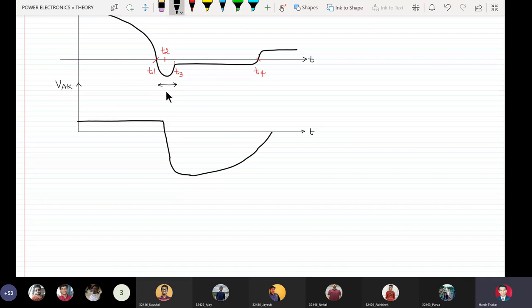From T1 to T3 it is called the reverse recovery time, and from T3 to T4 that is called the recombination time.